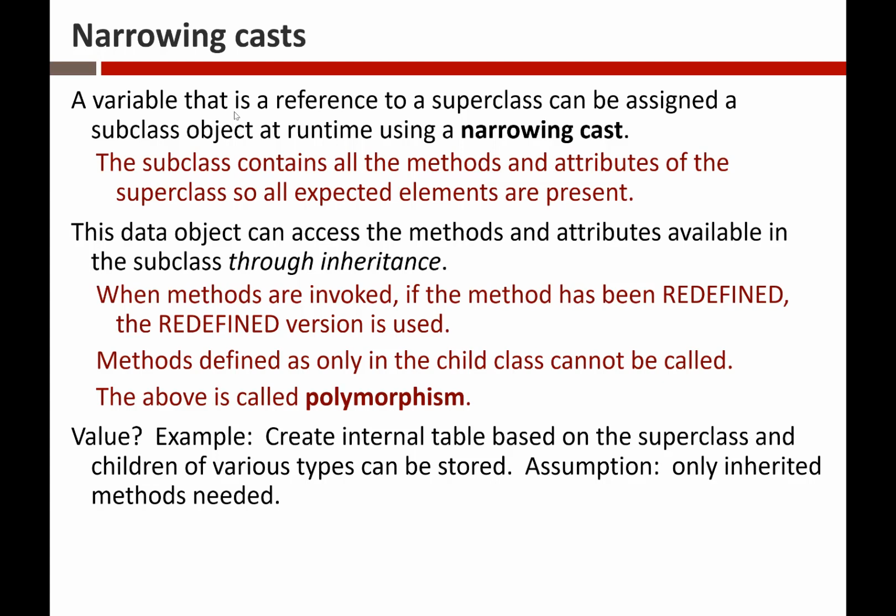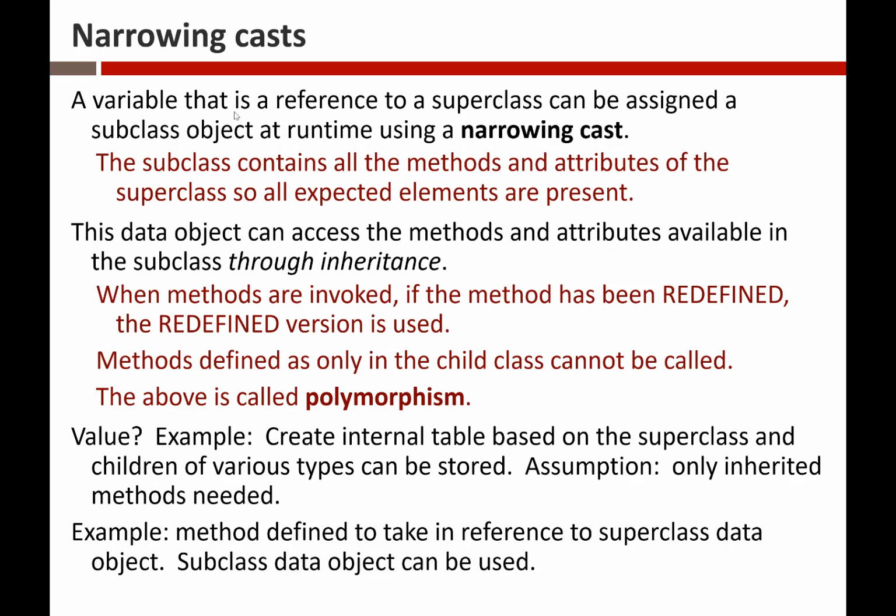But if I call that for child 2, and child 2 has redefined M3, then I get the child 2 version of that particular method. And I put here, method defined to take in a reference to superclass data object, subclass data object can be used, would be another example of that. Any questions about this so far?